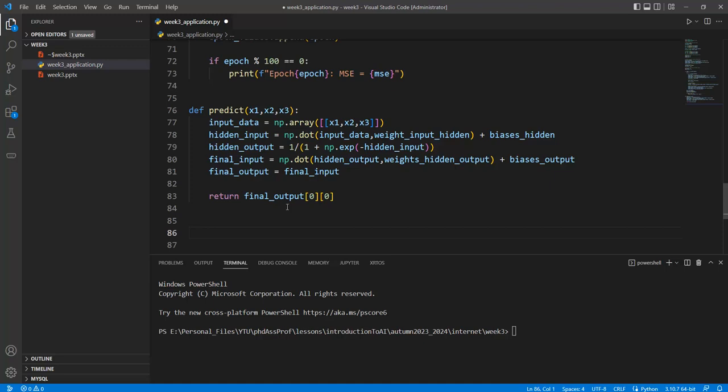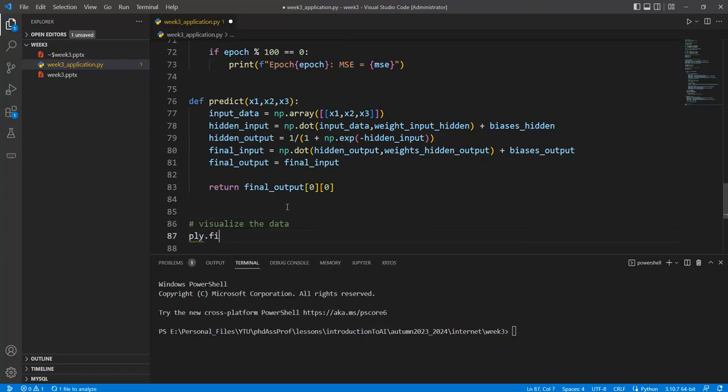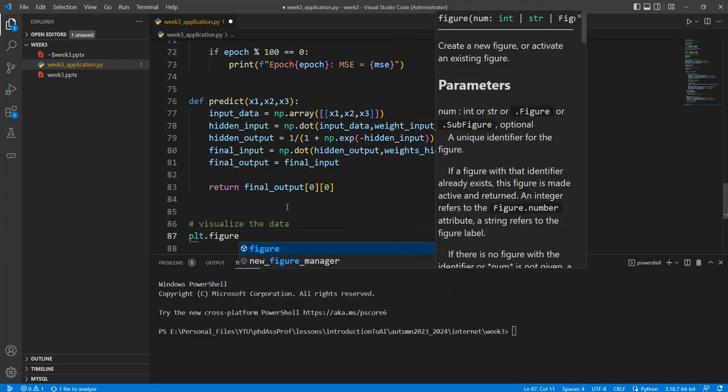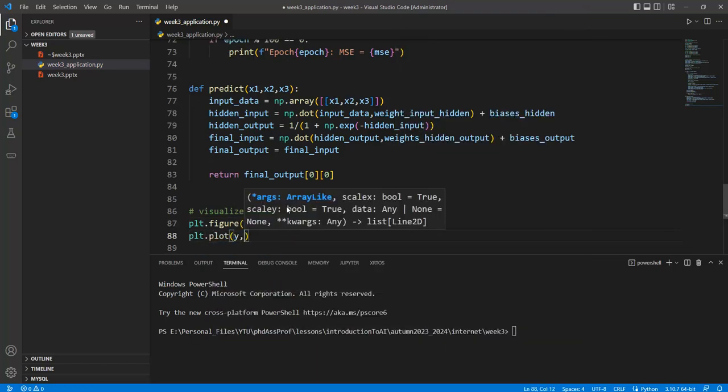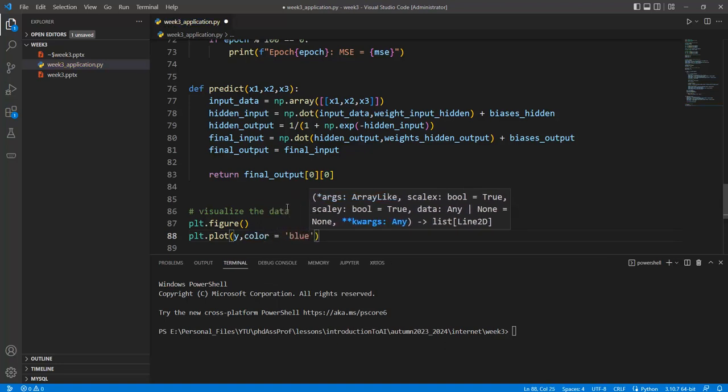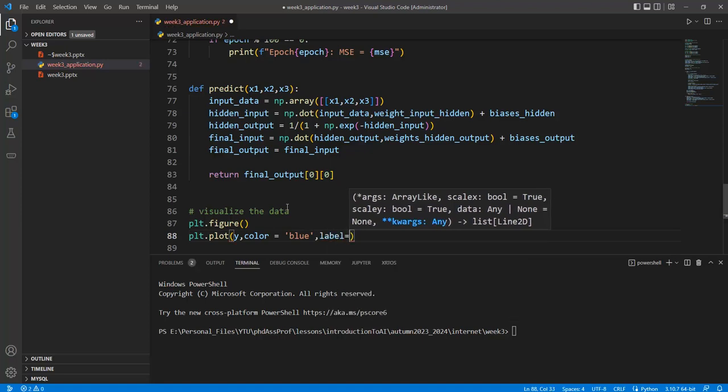So in order to visualize the data in here, plt.figure should be given, plot y, the color is assigned to blue, and the label should be equal to the real target, right?